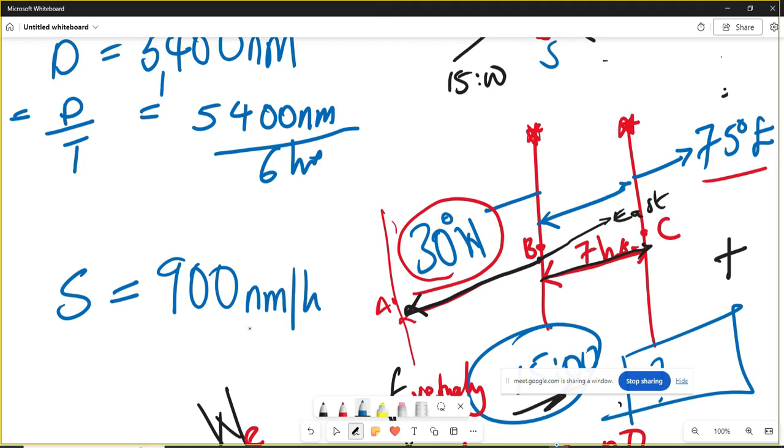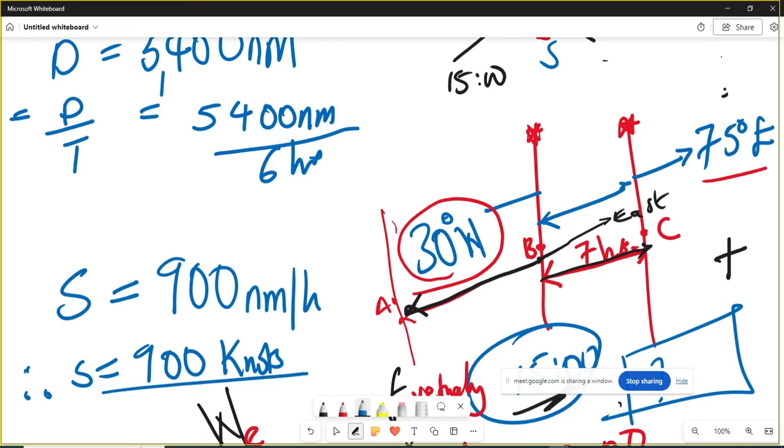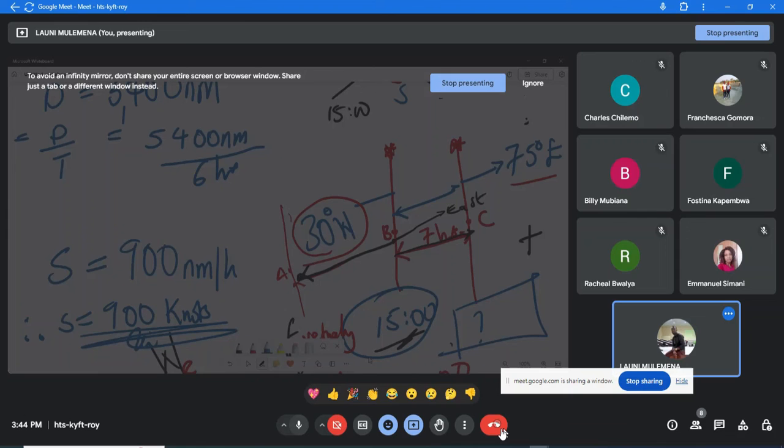But the question is saying find the speed in knots. So now we'll say therefore speed is equal to 900 knots. So we'll just remove the nautical mile per hour and put knots. Any question for me?